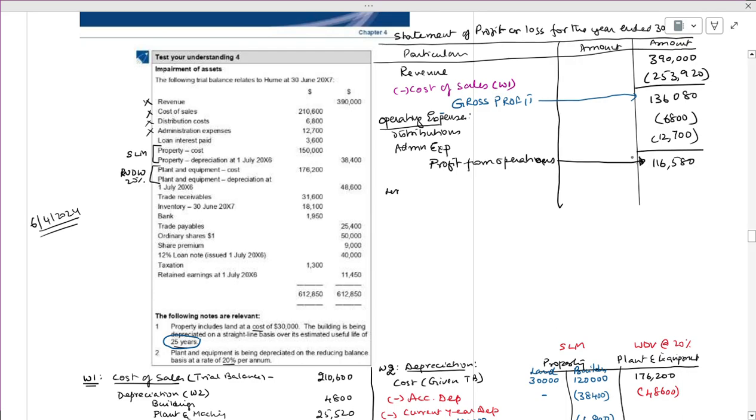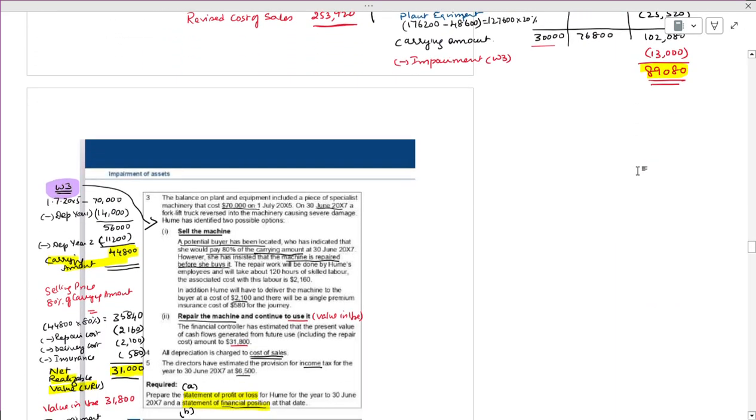How much is the finance cost? They have paid how much? 3,600. Next, anything in finance cost?